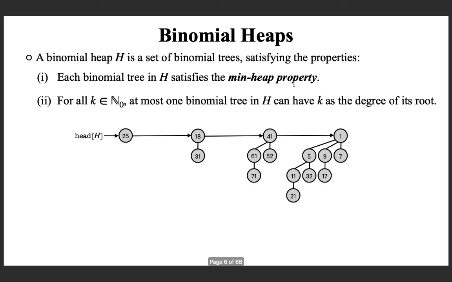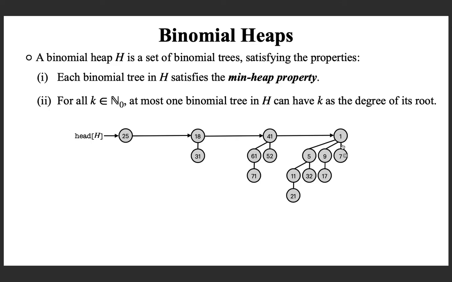Now the second property is that for any natural number k including 0, the set of binomial trees can contain at most one binomial tree with degree k. For example, here you have a binomial tree with degree 0 and you don't have a different one with degree 0, only one. And you have a binomial tree with degree 1, another with degree 2 and the last with degree 3.